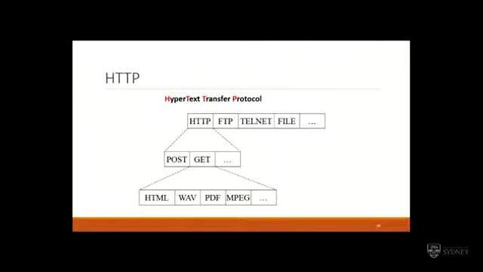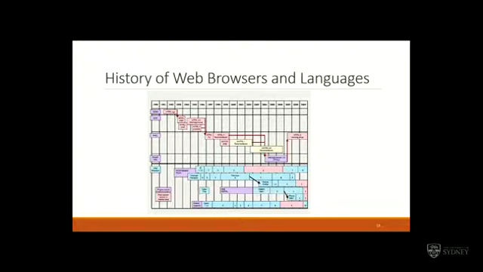When your browser wants to contact the web server, it makes a request using the HTTP protocol. The HTTP protocol specifies a number of methods, so get and post are used for requesting data, and your browser will make a request with the HTTP protocol for a specific resource or specific HTML page, which is then sent to the browser, and your browser can then render that HTML page.